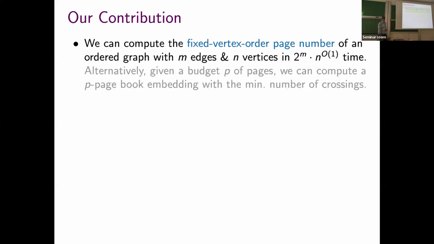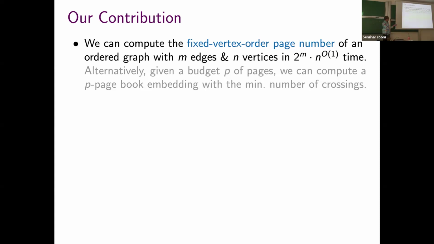Okay. So what I would like to show to you today is how we can compute the fixed order page number in time that is single exponential in the number of vertices, or if you give me a number of pages that you want for your drawing, then I can give you a book embedding that uses exactly this number of pages and minimizes the number of crossings.